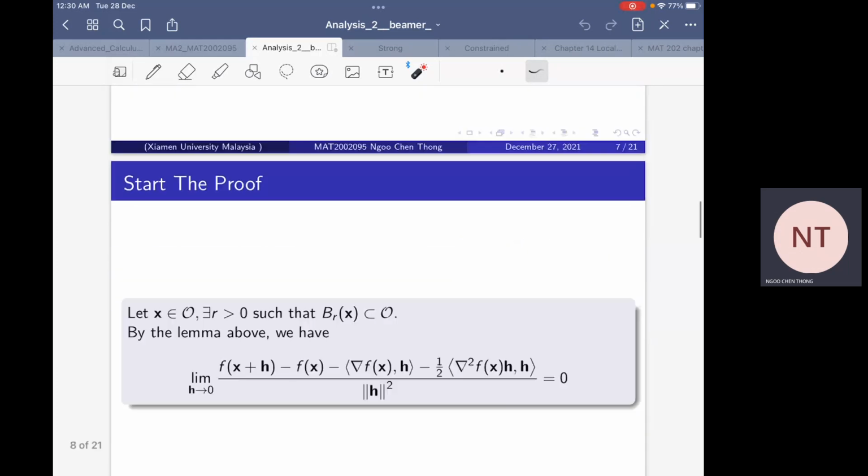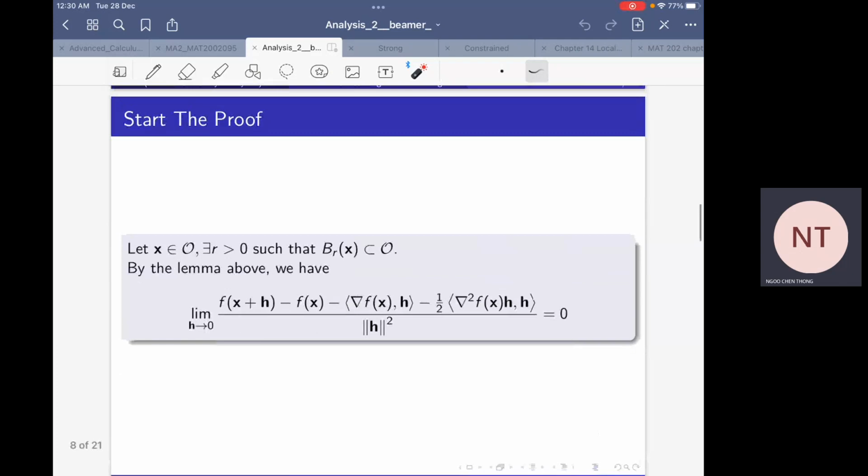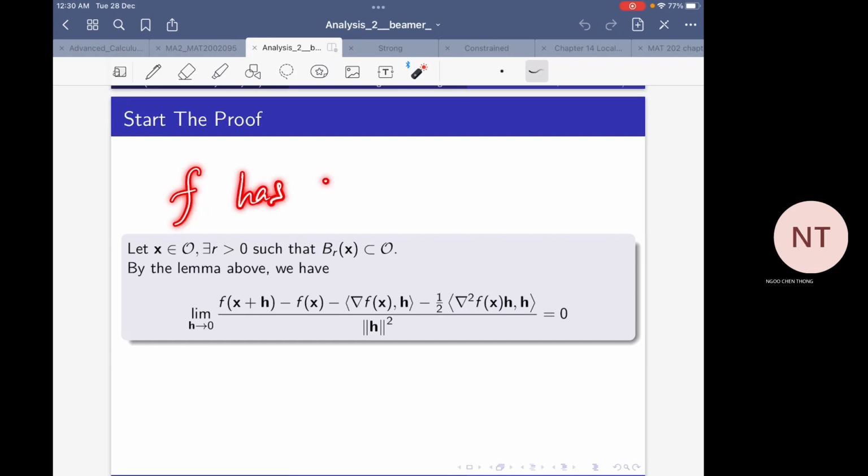Now we start the proof. Let x be in O and let r be larger than 0 such that this ball is inside O. From the lemma above, we know that we have this. First, I forgot to state that f has continuous second order partial derivatives.